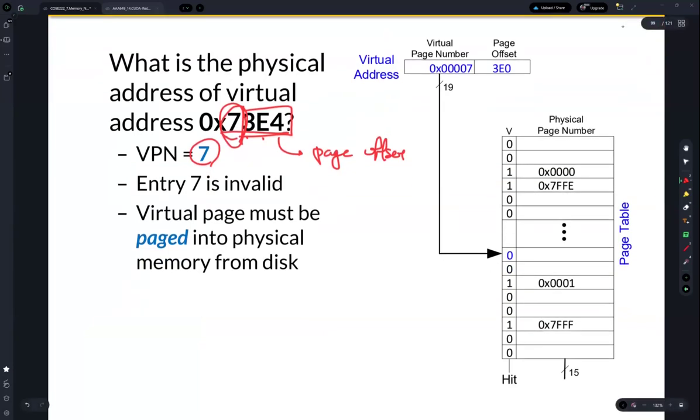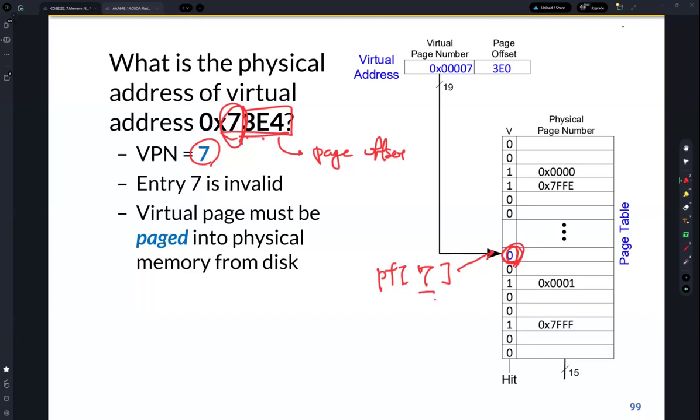So we can check the page table, indexed by 7. The valid bit is 1. No, 0. The valid bit is 0. So entry 7 is invalid, which means the target page exists in storage.